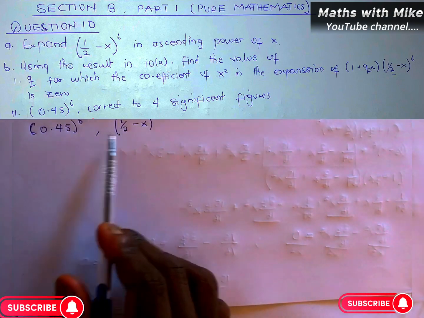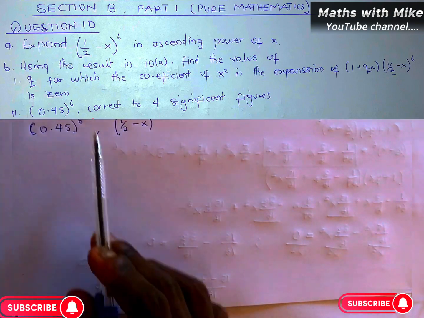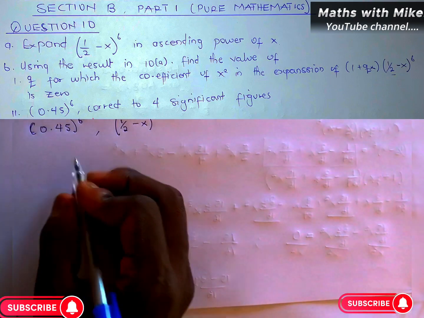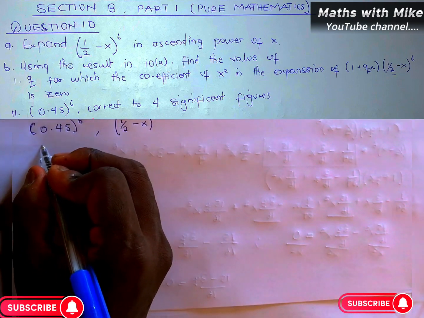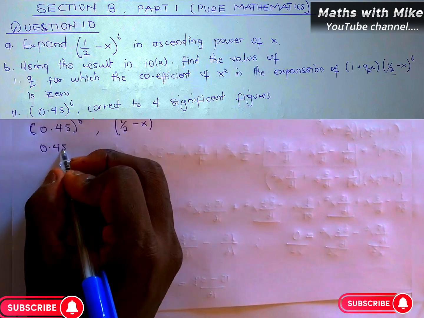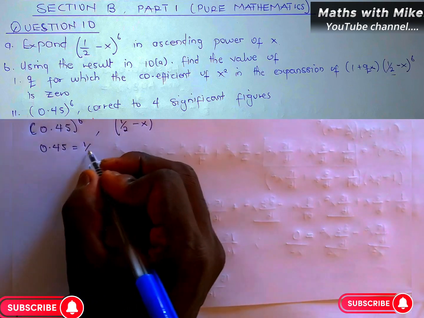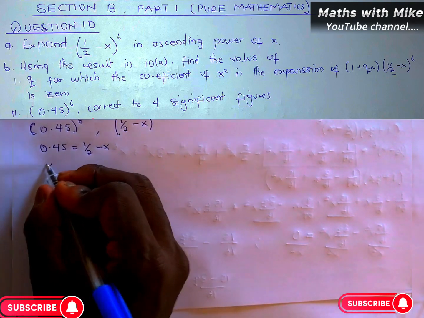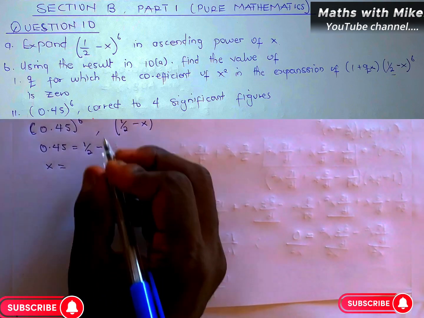Now realize that these two things here are very similar because they have the same exponents. So let's equate the base. So we see that 0.45 is equal to 1 over 2 minus x. And we get x to be equal to, 1 over 2 is 0.5.